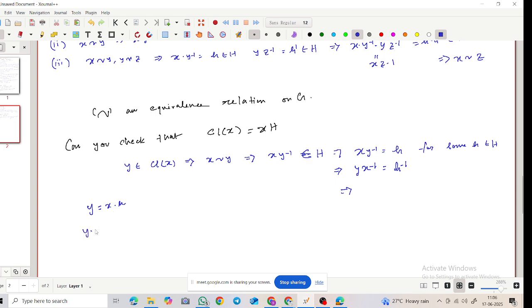So for that I will have to write x inverse y equals h. I need y to be xh for some h, and for that I need x inverse y to look like this.